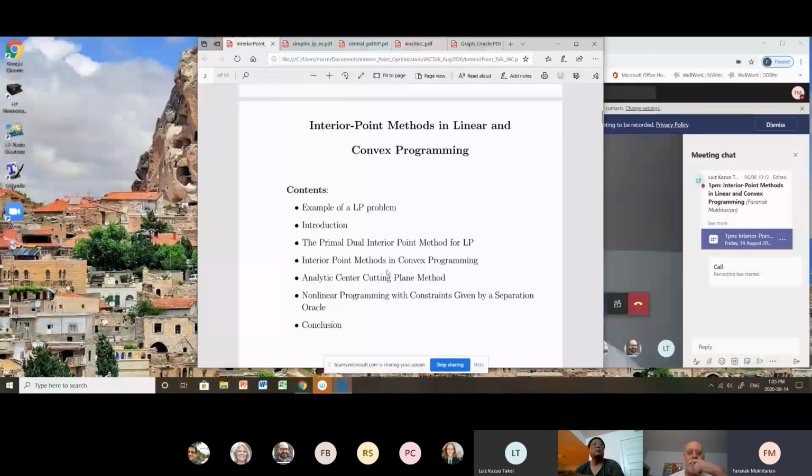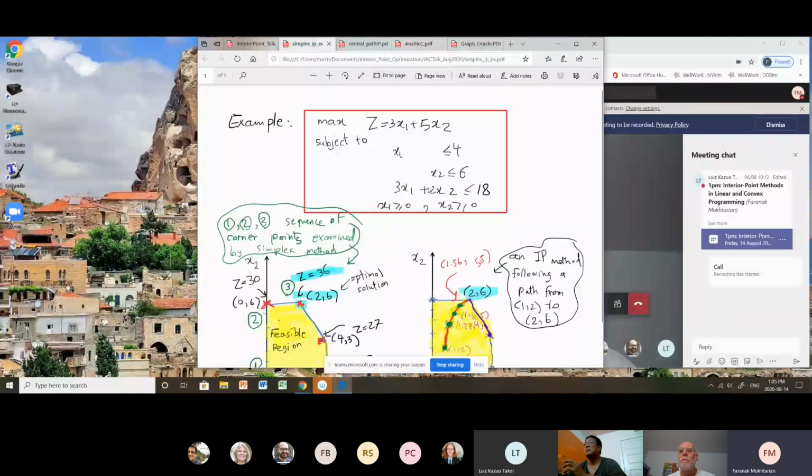Then I'll move to analytic center cutting plane method, and finally nonlinear programming with constraints given by a separation oracle. This is actually one of the problems that I worked on for my PhD thesis. And finally, the conclusion.